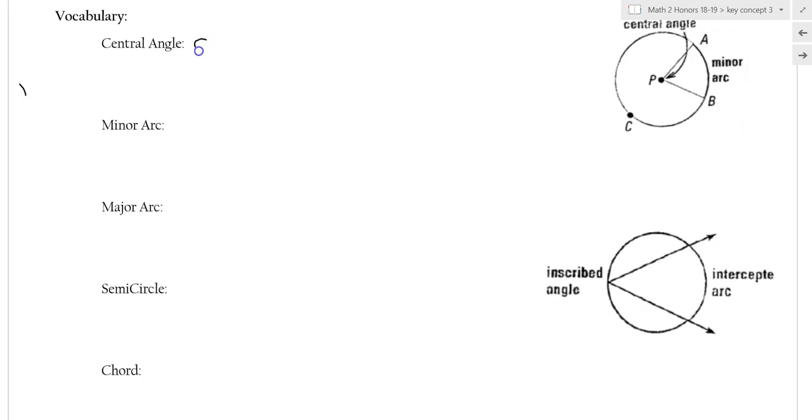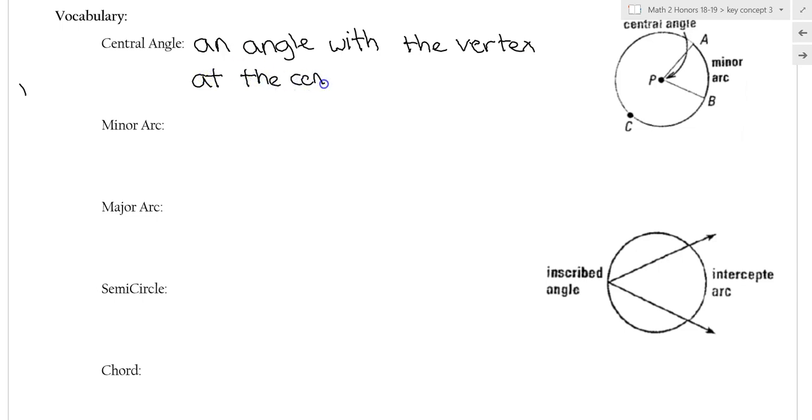So a central angle is an angle with the vertex at the center of a circle.